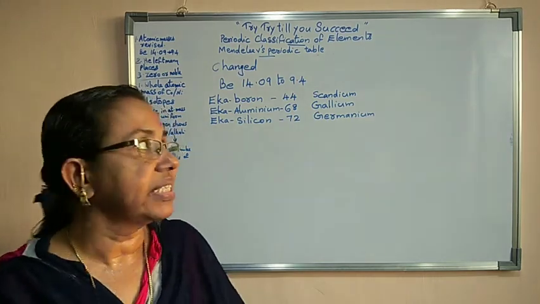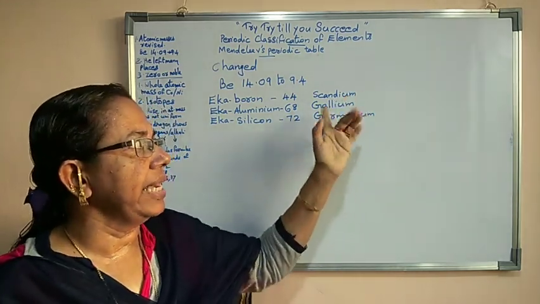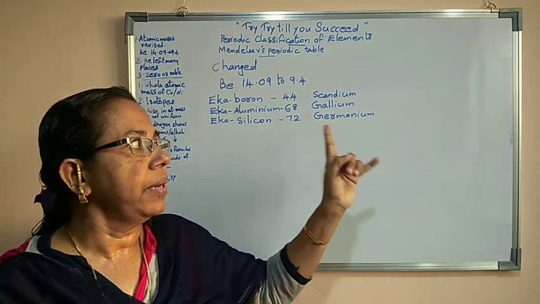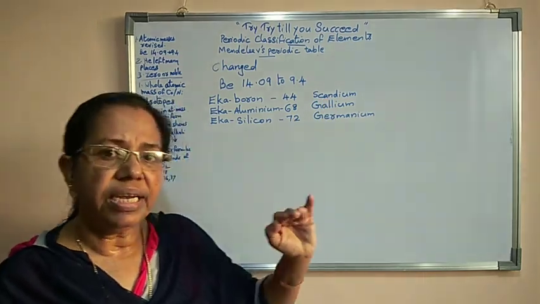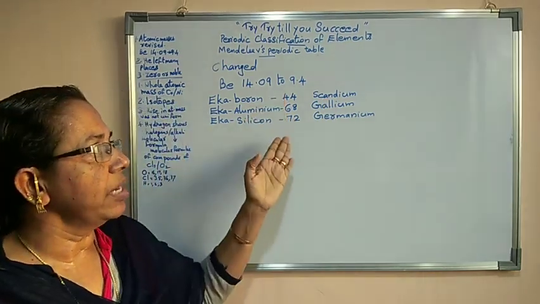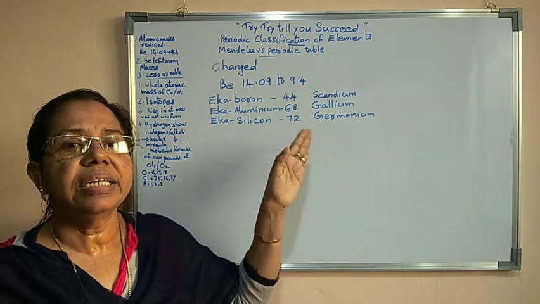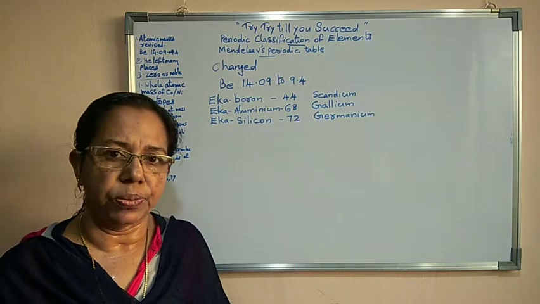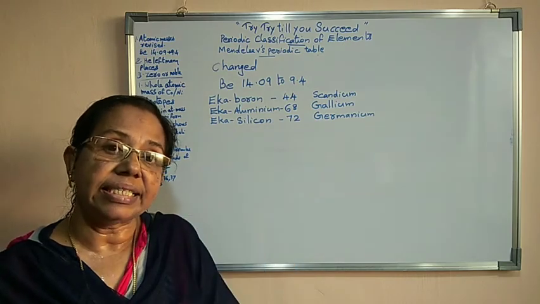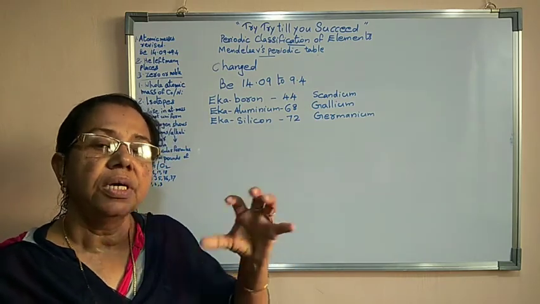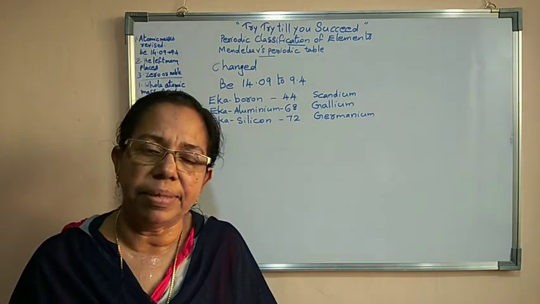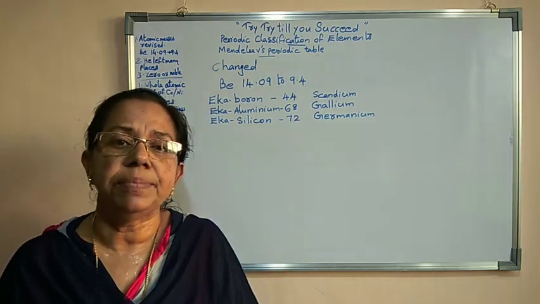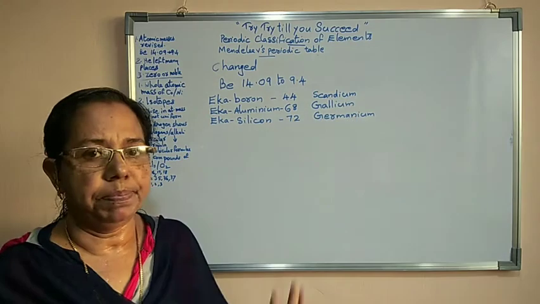Later, after discovery, he gave them the names scandium, gallium and germanium. He even predicted their atomic masses before their discovery, that is 44, 68 and 72. Whatever characteristics he predicted for the undiscovered elements were found to be the same after discovering them.